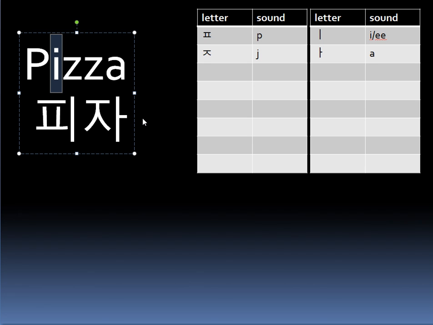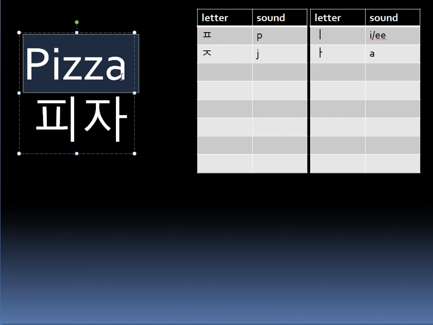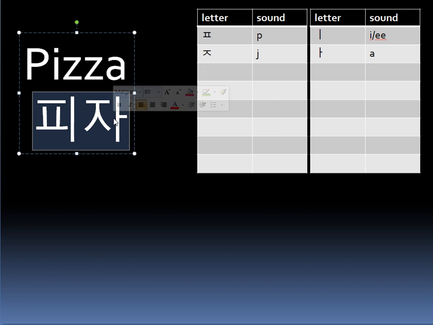But Korean is very bland. It doesn't have that kind of thing, so it's just pizza, pizza. So you have to remember that they don't say exactly the same pronunciation as in English. Korean people call it pizza.